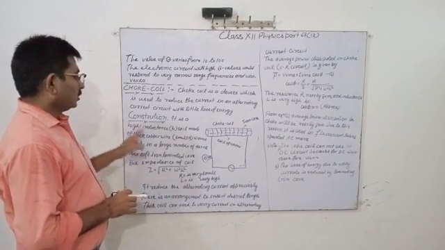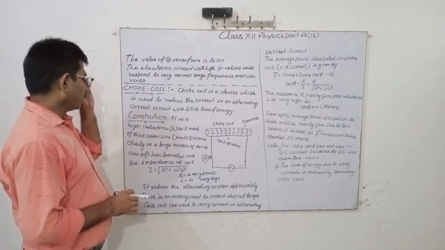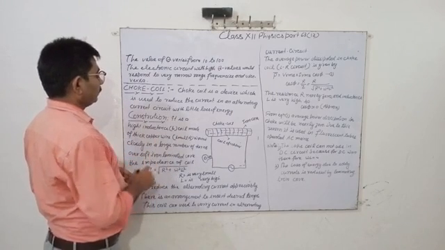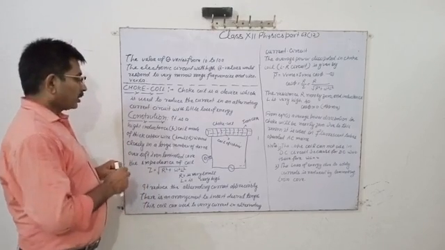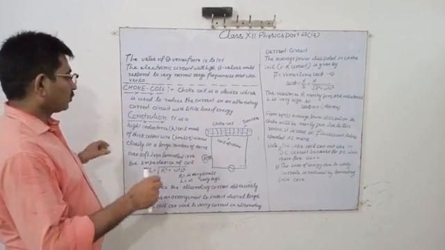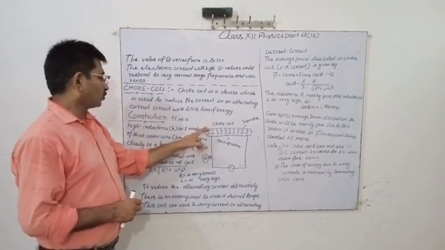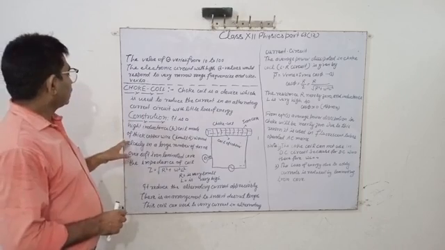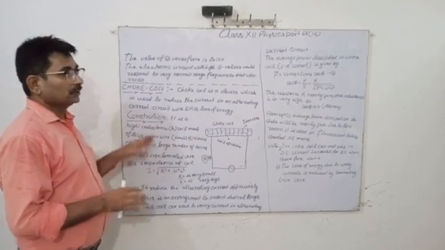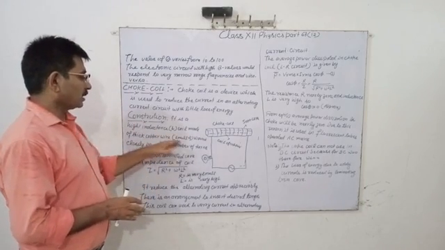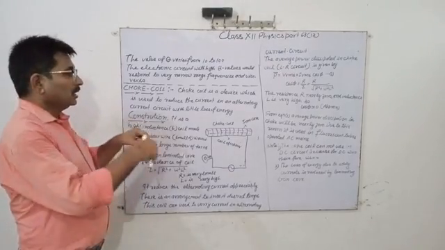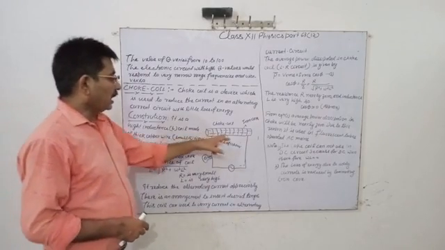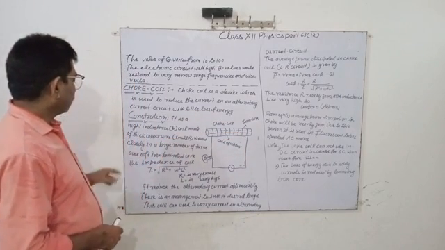It is a high inductance coil made of thick copper wire. The inductance of the coil is very high, and thick copper wire is used to reduce the resistance, wound closely on a soft iron laminated core, as shown in the figure here.